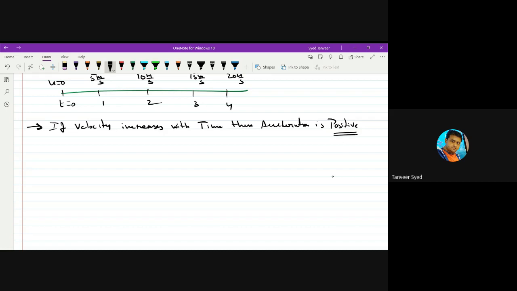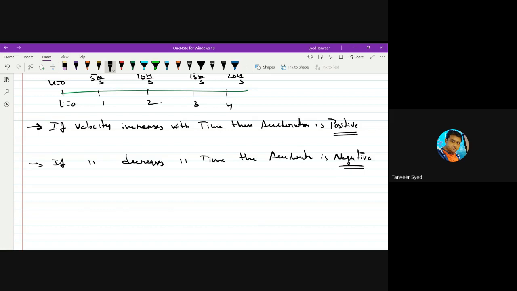On the other hand, if velocity decreases with time, then acceleration is negative. Velocity increases, acceleration positive.